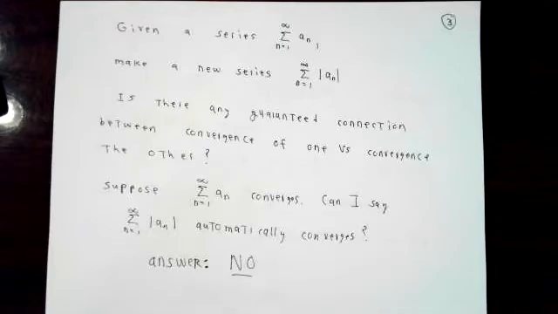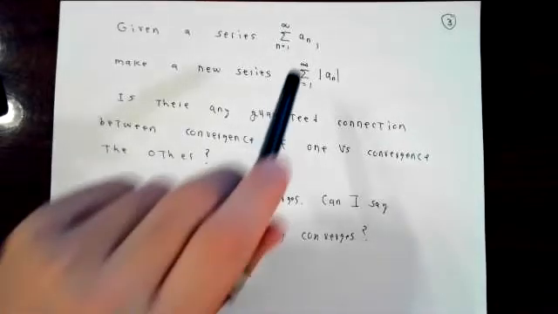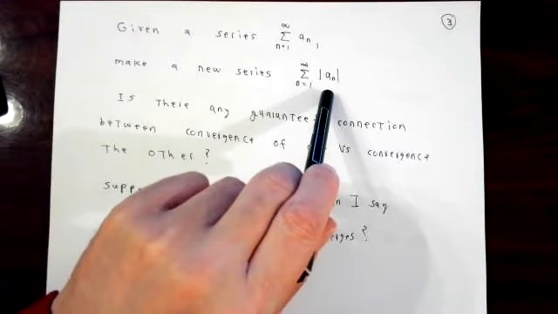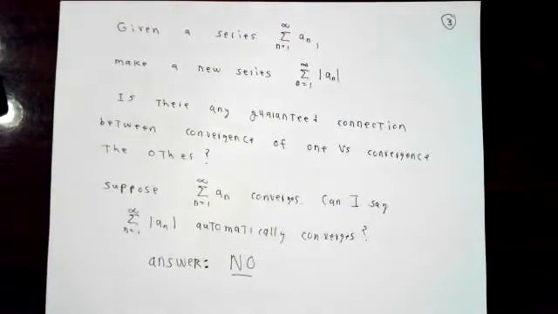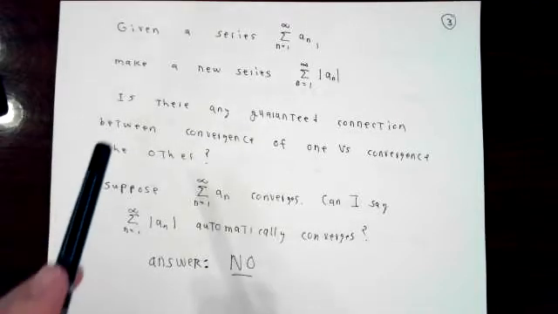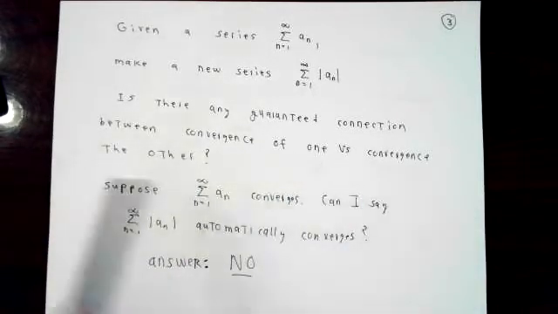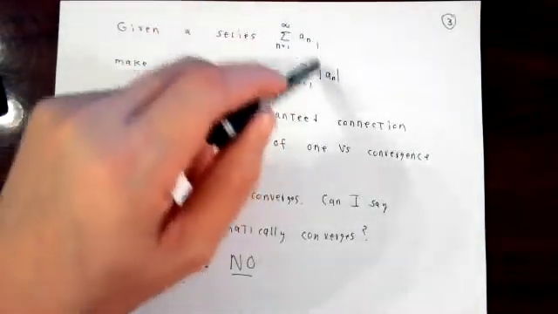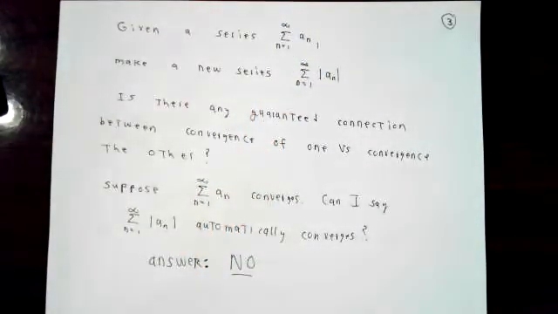We're going to make a new series out of this. Instead of adding up the a sub n's, we're going to add up the absolute value of the a sub n's. And one question that a person could think is, is there any guaranteed connection between the convergence or divergence of one of these series versus the other one?